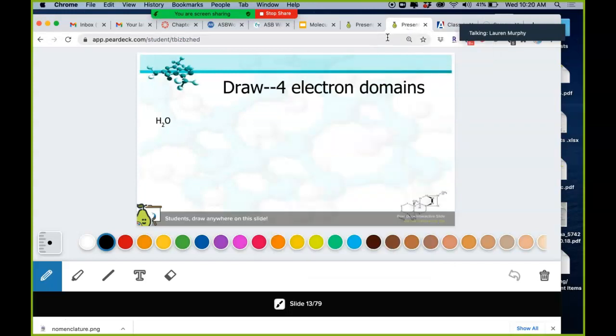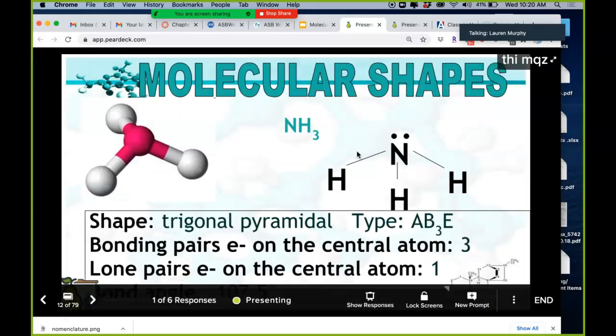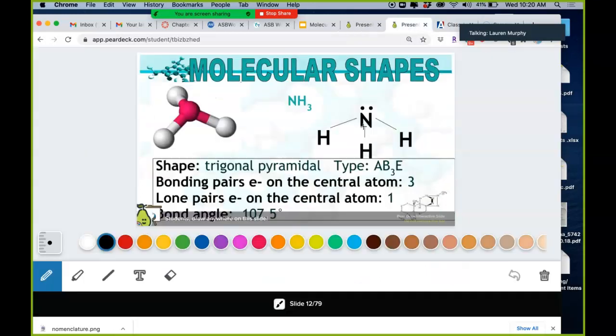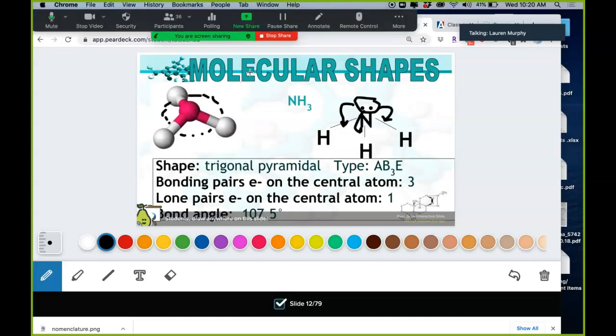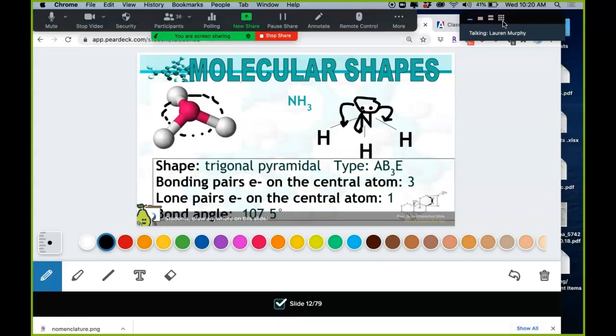So someone said if it's more repulsion, why does it have a closer angle? Well, the point is, these electrons push these down further. So if it pushes them down further, they'll end up closer together, which is a shorter bond angle. Does that make sense?